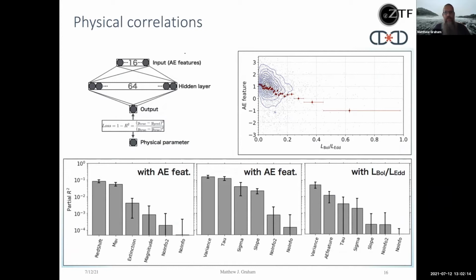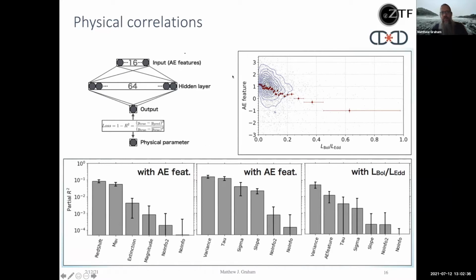And then compared that against other typical features that are extracted from time series, particularly things like tau and sigma if you were fitting a damped random walk model, and saw how those correlated or partially correlated with things that we knew about, like black hole mass, redshift, extinction, magnitude.